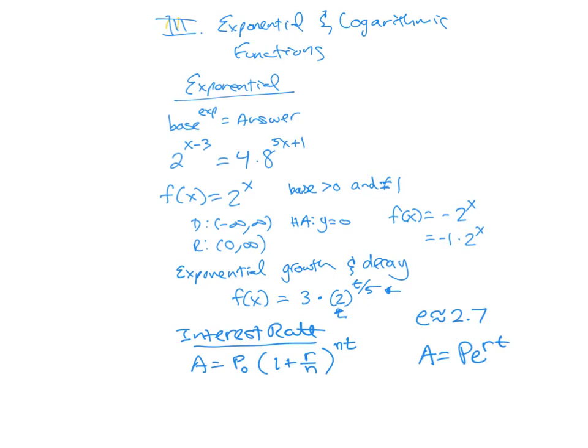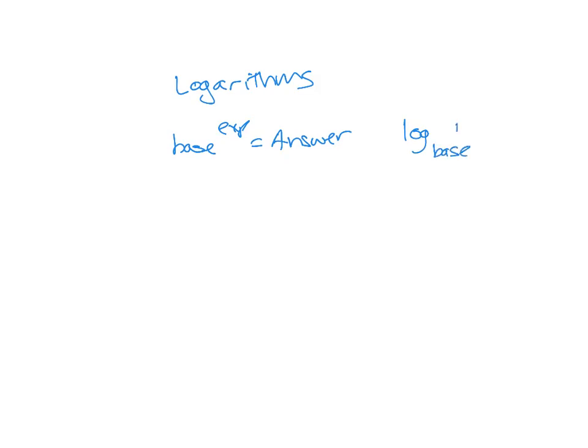And then we moved on to logarithms. We talked about how logarithms are the inverse of exponential functions. With exponentials, we have a base, exponent equals some answer, whereas for a log, it's log base, answer, equals exponent.